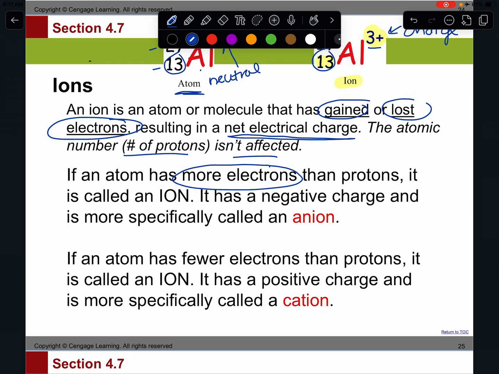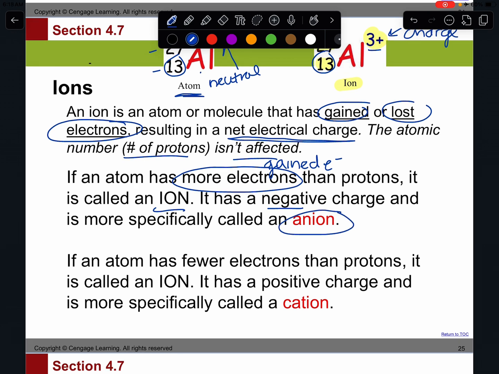If an atom has gained electrons, and it has more electrons than protons, it is called an ion. Therefore, it has a negative charge, and we call that an anion. Let's talk about this. We have protons and we have electrons.